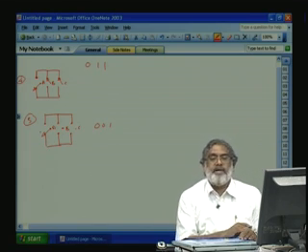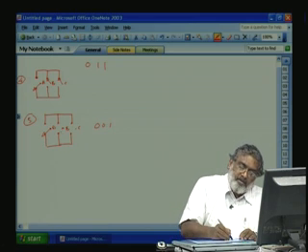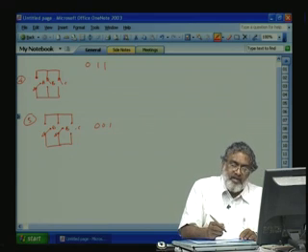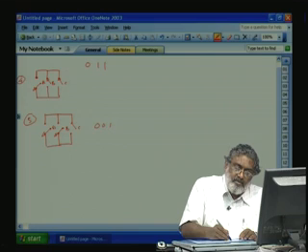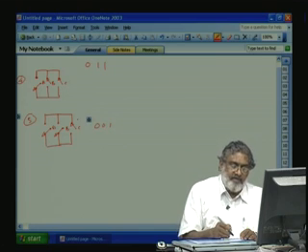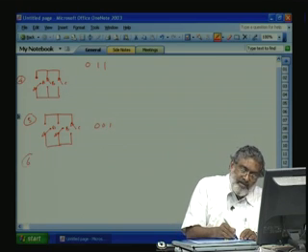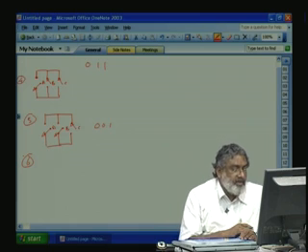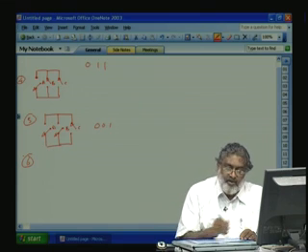By connecting, we mean our bottom switch is turned on. This is our fifth. Let us take our sixth one. Sixth one is 1, 0, 1.